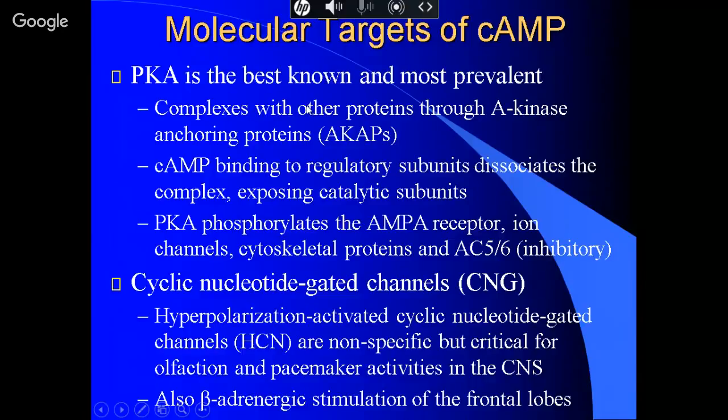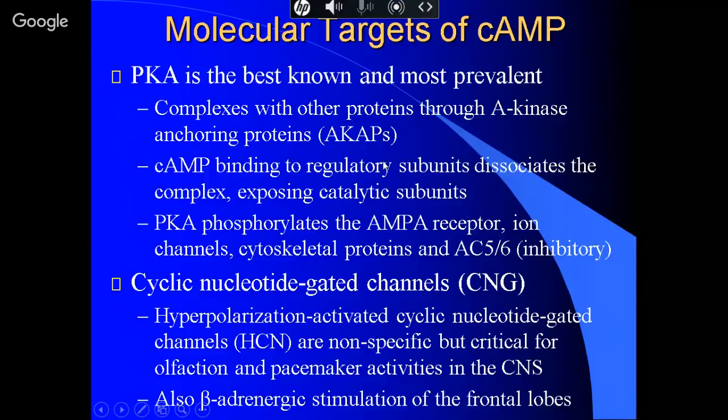the complete protein kinase A is complexed, usually to the membrane, with A kinase anchoring proteins. They hold the protein kinase A sequestered next to the membrane.